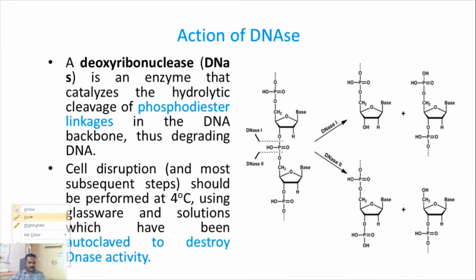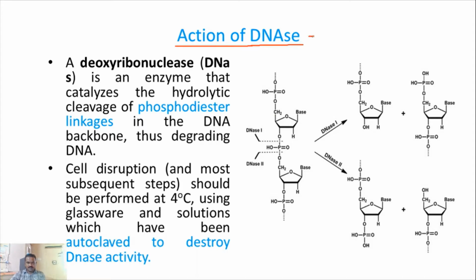One more chemical component that we are using is deoxyribonuclease, or DNase. First we learn the action of DNase. Usually DNases break down the phosphodiester bond between the nitrogenous bases.